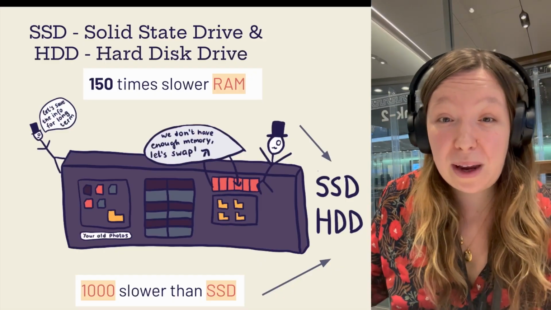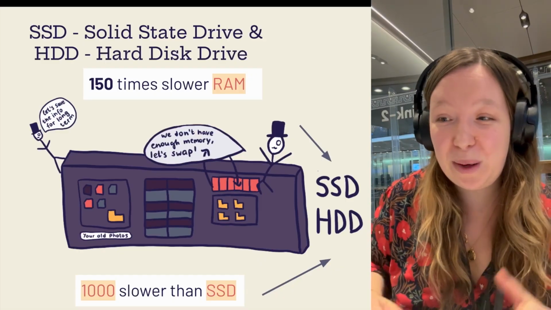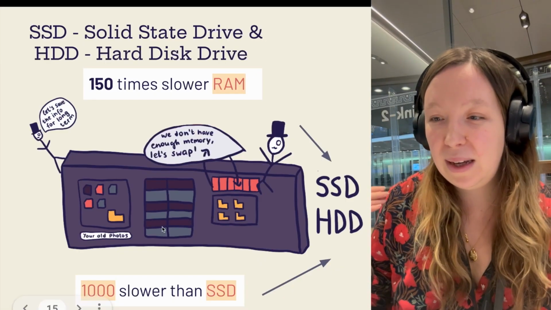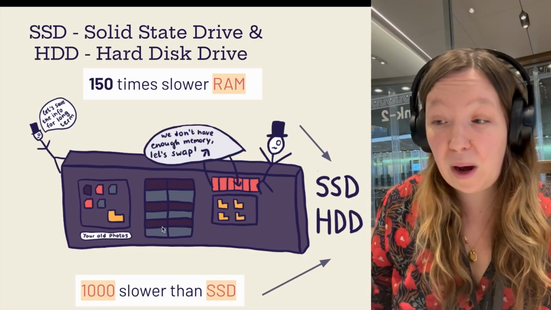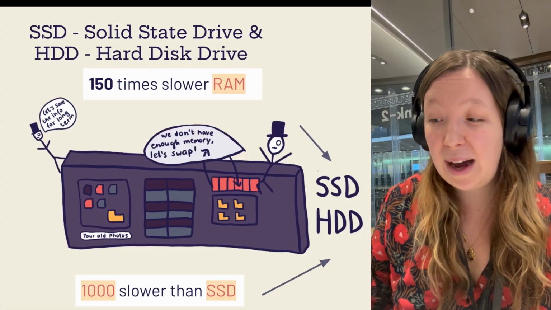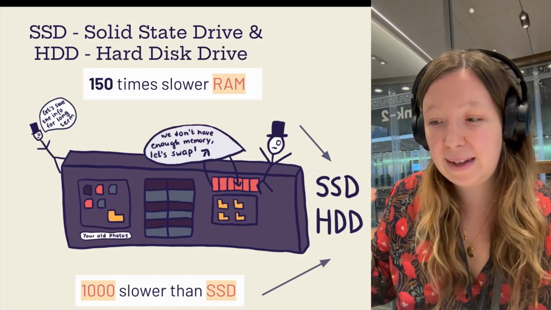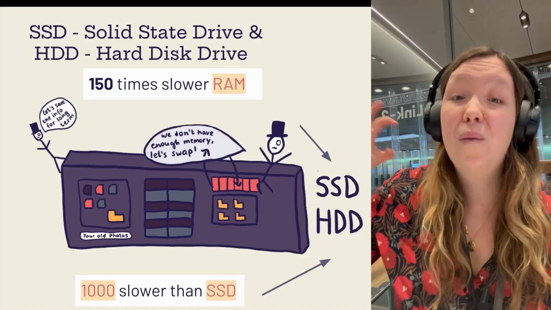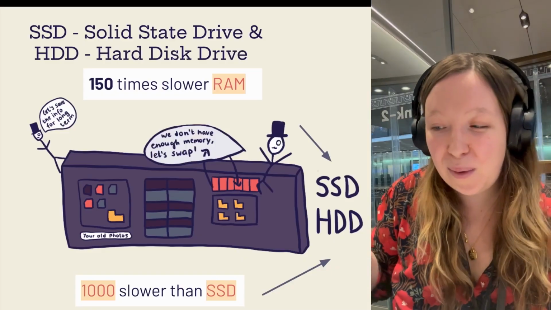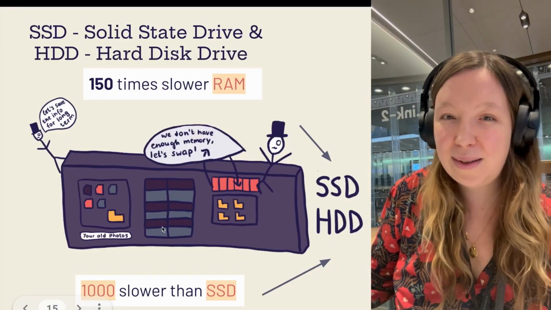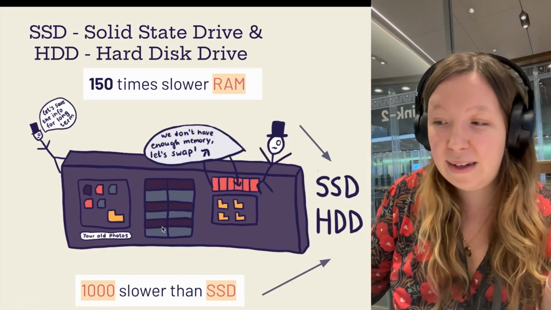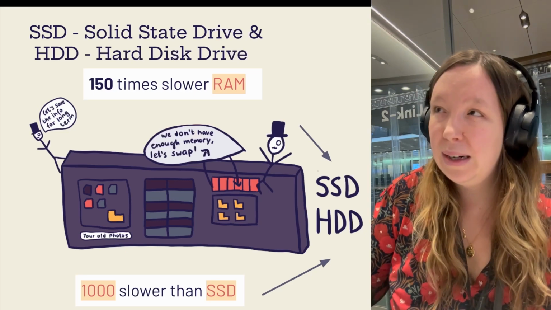But you have to pay a price for accessing this permanent storage. It's about 15,000 nanoseconds to access SSD, which is 150 times slower than accessing RAM, and even 1,000 times slower to access HDD.